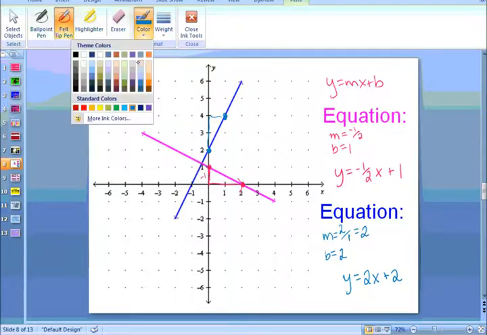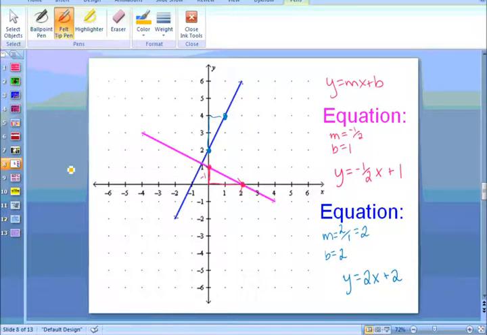Alright, I'm just going to go ahead and tell you that these lines are perpendicular. We can prove that two lines are perpendicular because their slopes are opposite reciprocals.